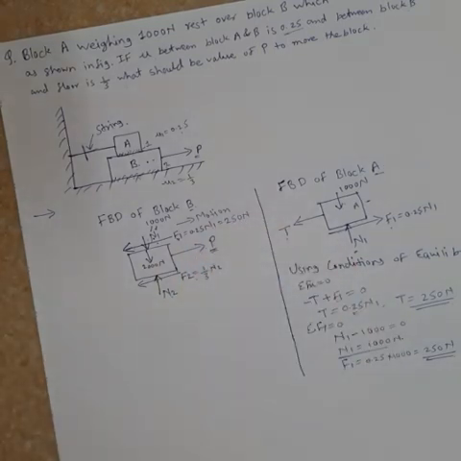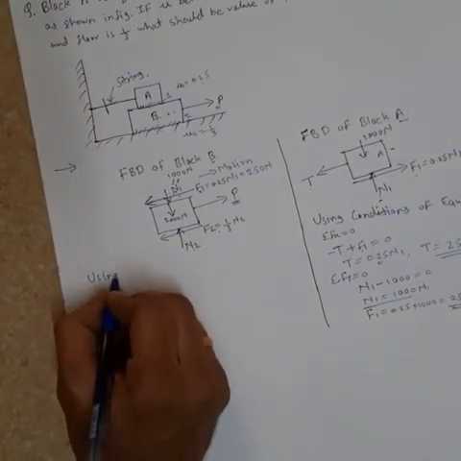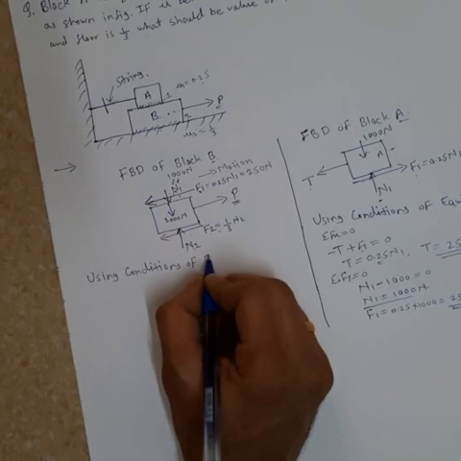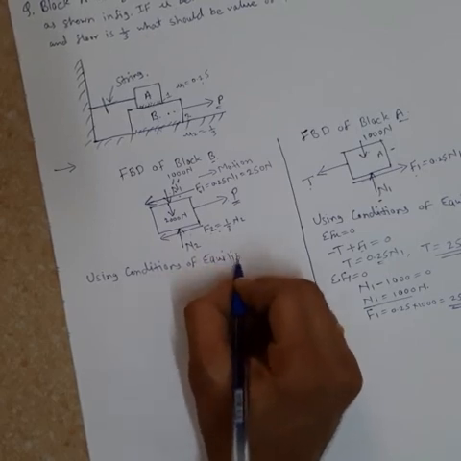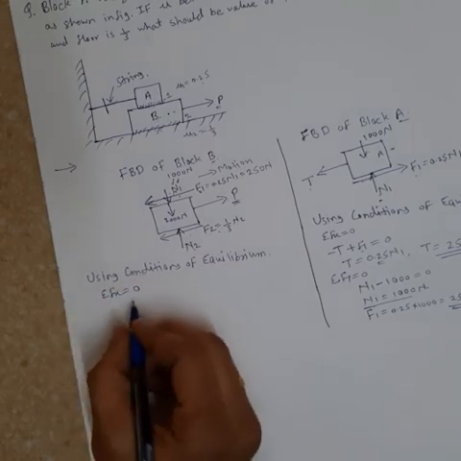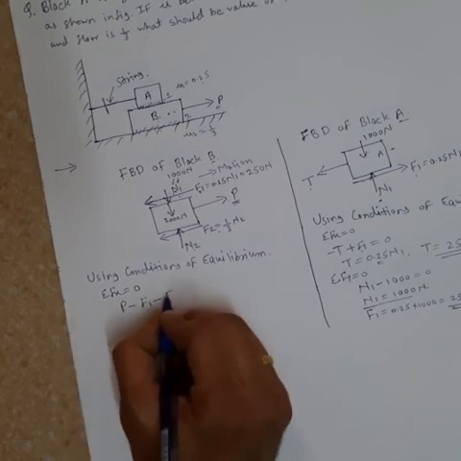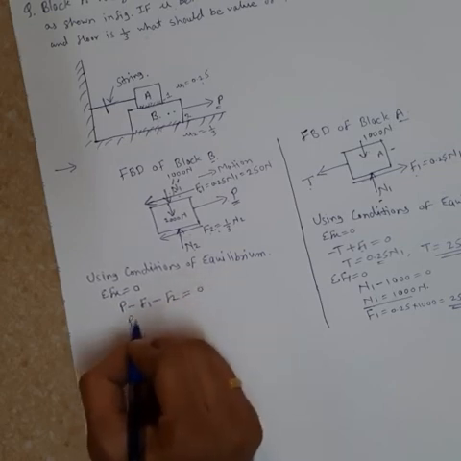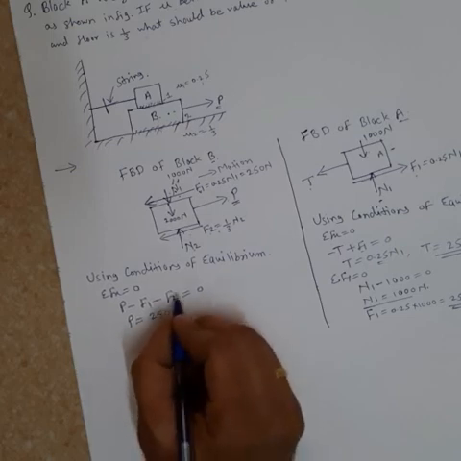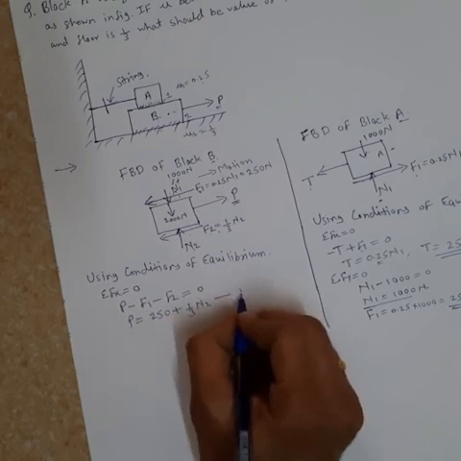So again using that conditions of equilibrium here, summation Fx is equal to 0, so that will be P minus F1 minus F2 is equal to 0, so we can write P is equal to, for F1 we can write directly its value, that will be 250, plus for F2 we can write 1 by 3 N2, equation number, let's say, 1.